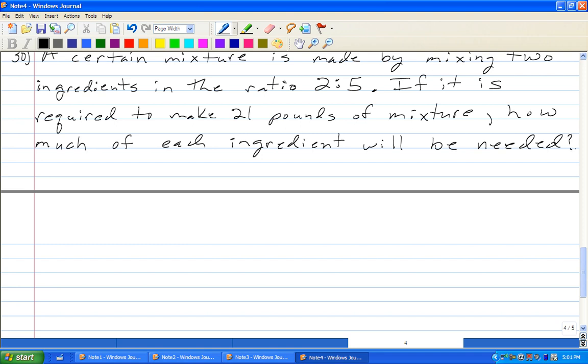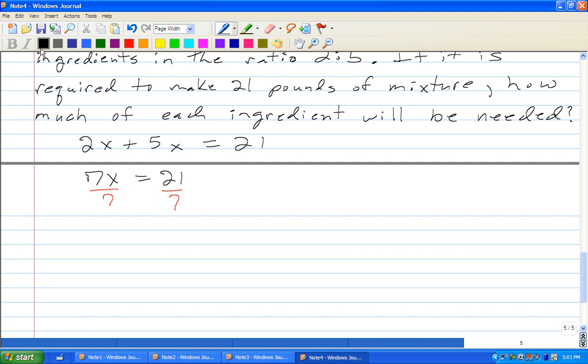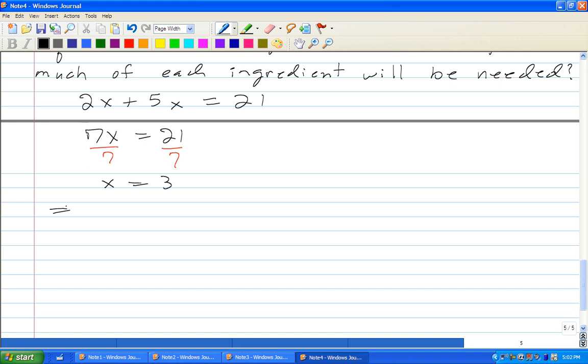Let me say they have 2x of one ingredient and 5x of the other. So that's in a ratio of 2 to 5, and the total must be 21 pounds. Therefore 7x is 21, divide by 7, and so x is equal to 3. And so 2x is 6, and 5x is 15.